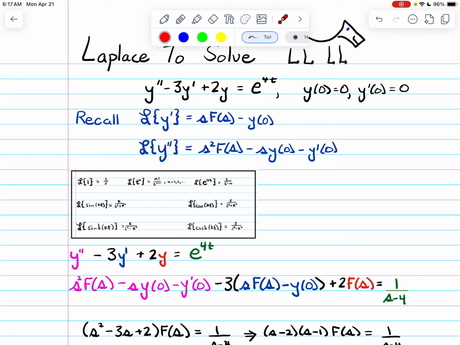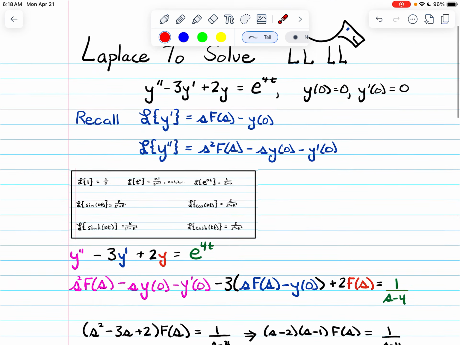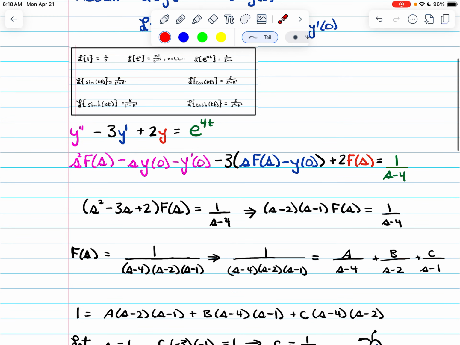Now remember, you have tables, and also there are Laplace transform calculators out there on the internet, particularly Wolfram Alpha. That's a good one. So you can just calculate the Laplace transform that way. Just put in whatever this other side is, and you'll get the Laplace transform. But the important thing is that you see the technique here.